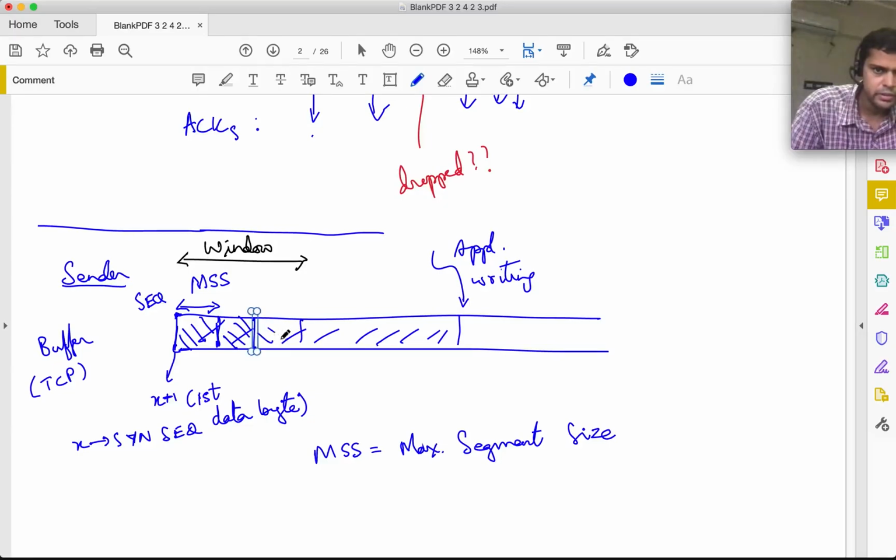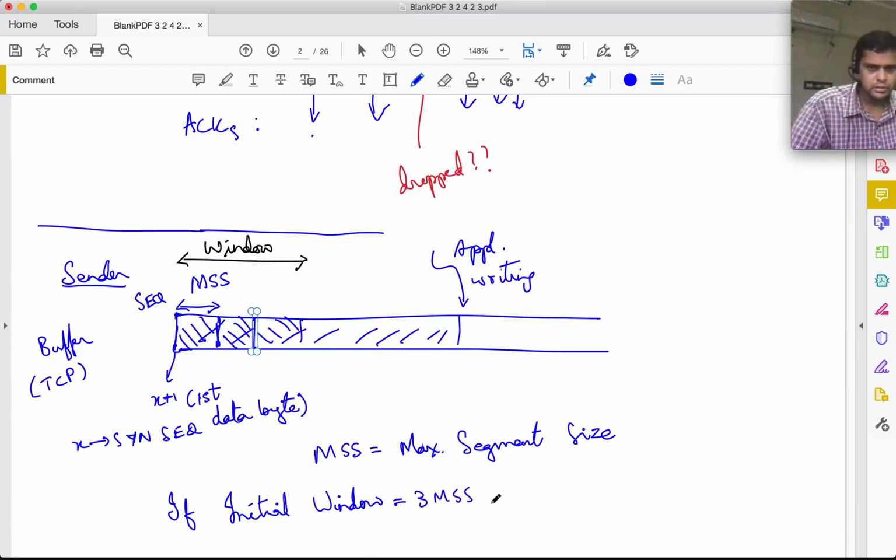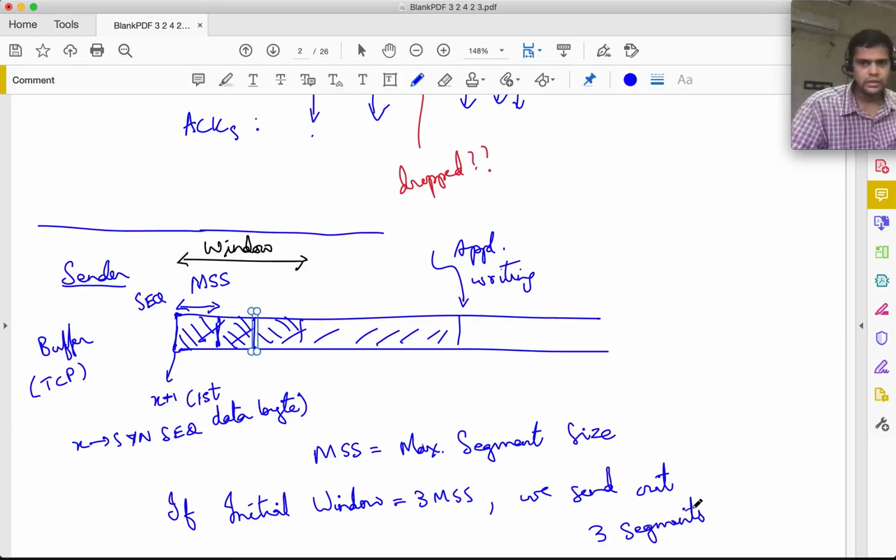Window size corresponded to 3 MSS, okay, and in which case you could send out these 3 packets. So if the initial window is equal to 3 MSS, we send out 3 segments, and each segment would go on a separate IP packet.